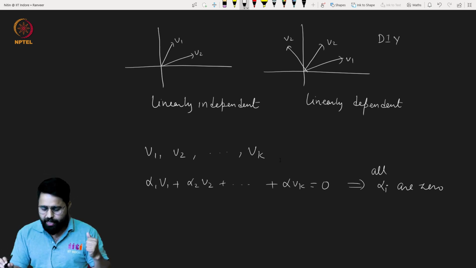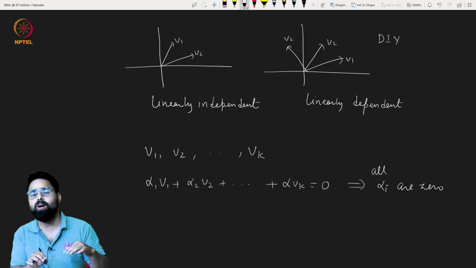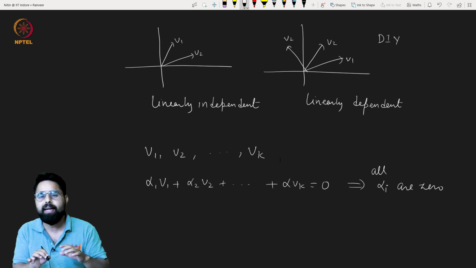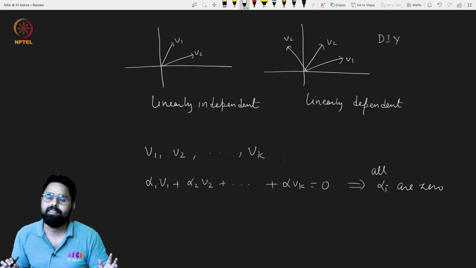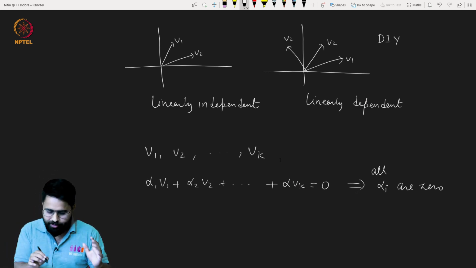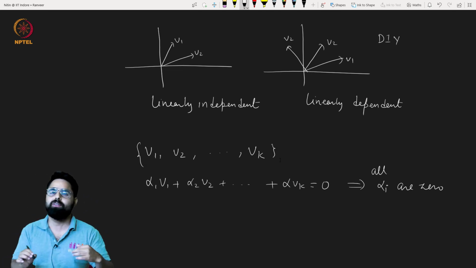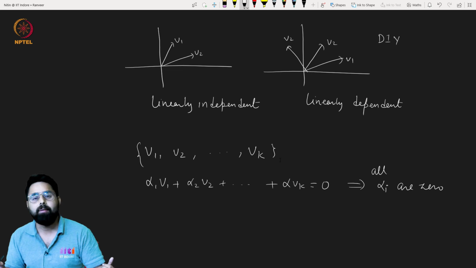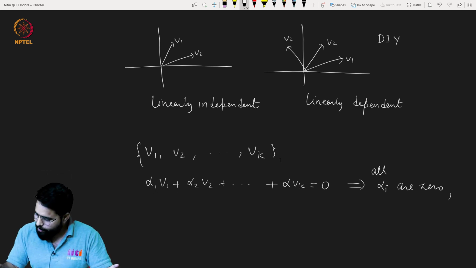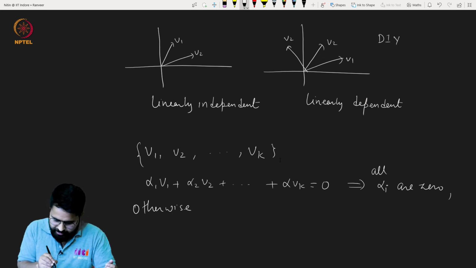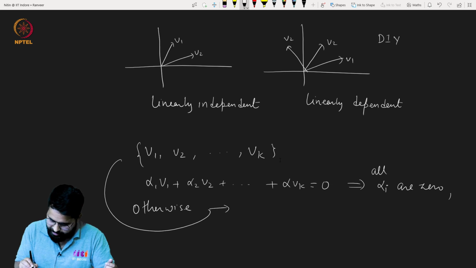That means you cannot write any vector in terms of any other vectors, I mean among these vectors you cannot write them as a linear combination of each other. So this set is linearly independent when you are not able to find some non-zero alpha i's. Otherwise this set is linearly dependent.